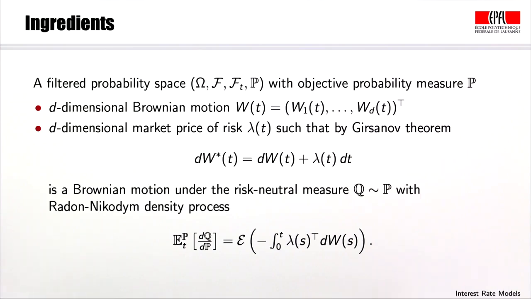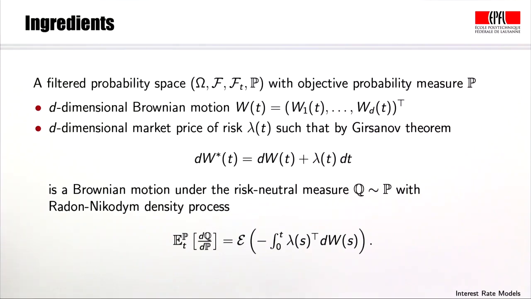In turn, we need d market prices of risk that we stack into the d-dimensional market price of risk vector lambda, and the Girsanov theorem still applies under the risk-neutral measure Q, which is equivalent to P with the Radon-Nikodym density process as given here.